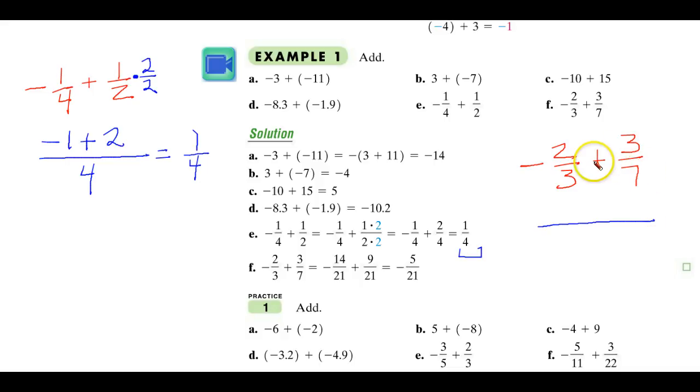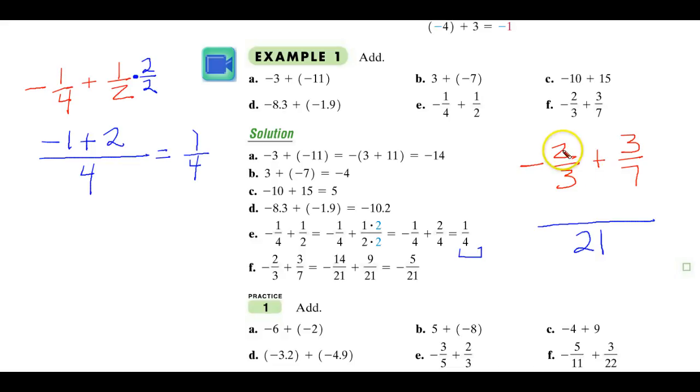We're going to find what is my common denominator between a 3 and a 7. Well, often if you just multiply them together, you're going to get 21, which is a common denominator to both of these.